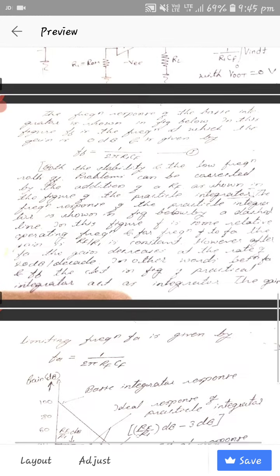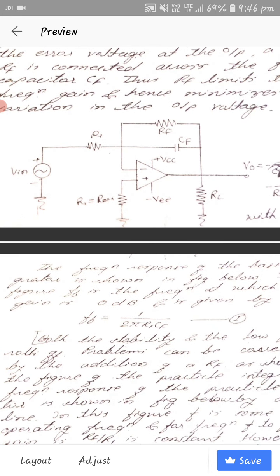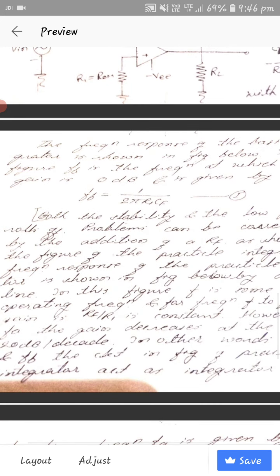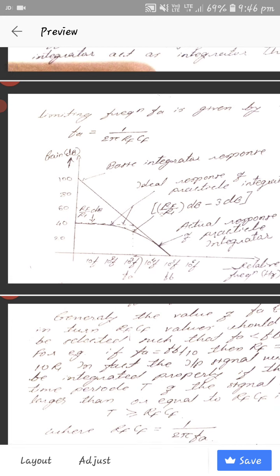Here this figure shows the practically used one, with the feedback resistor parallel to the feedback capacitor. Then the output gives different responses at different frequencies, FA and FB.